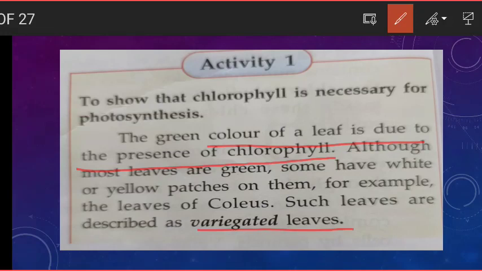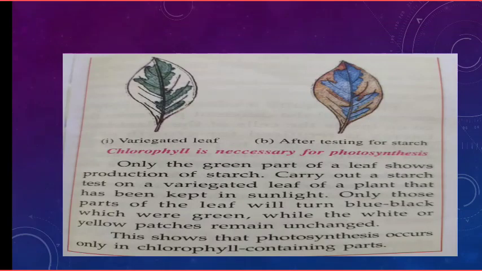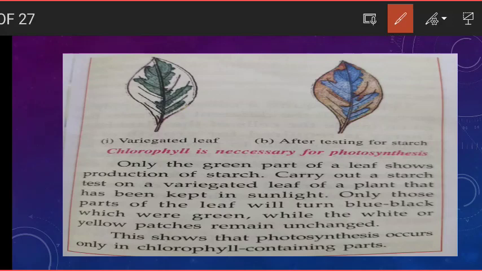This type of leaf is called a variegated leaf. This is important: the leaves which are not entirely green but have white or yellow patches on them are called variegated leaves. Only the green part of a leaf shows production of starch.